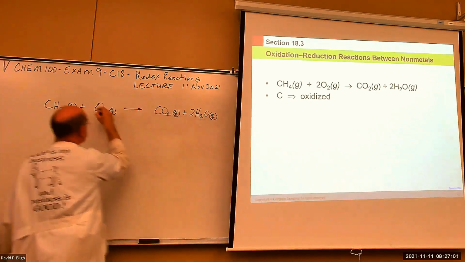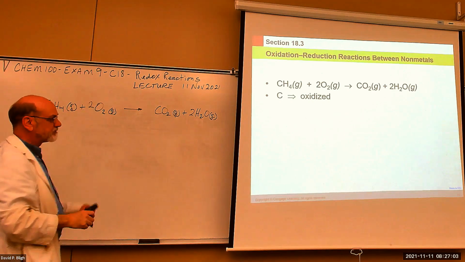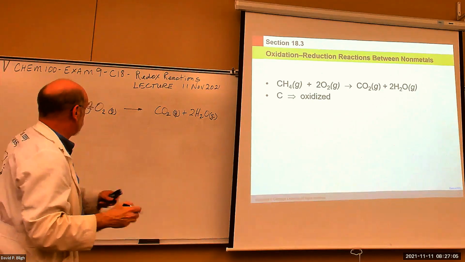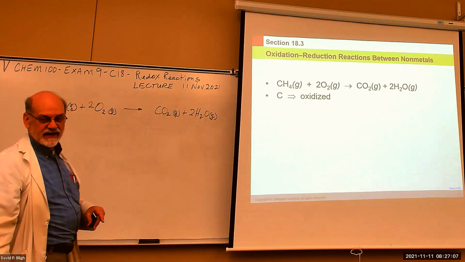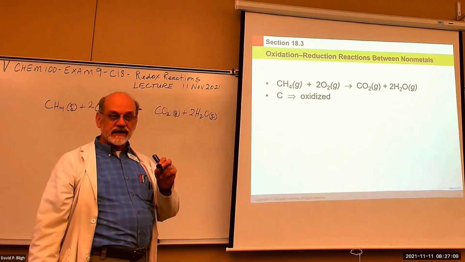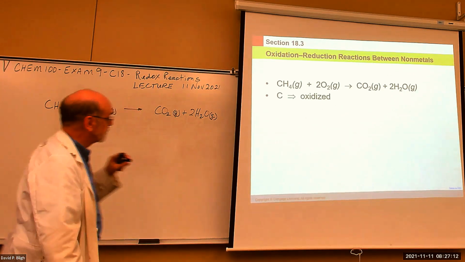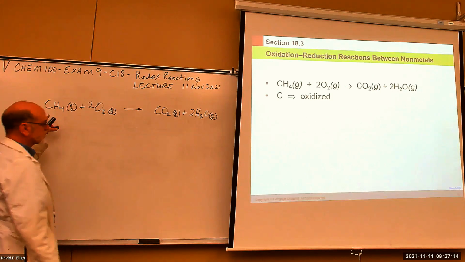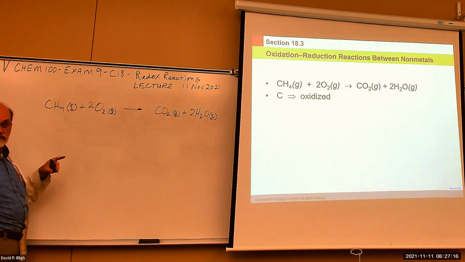Okay, they've already balanced the equation for us. So how do we know that carbon was oxidized? Oxidation is loss, so carbon must have lost electrons. Let's see if that's true.